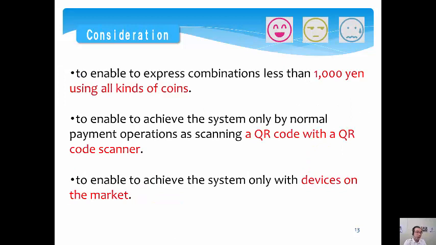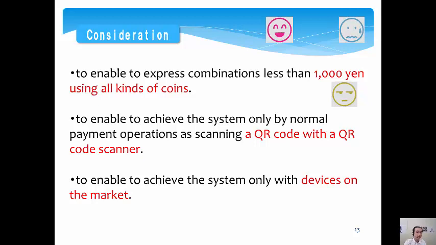And this is the consideration of our research. First one is to enable expressing combinations less than 10,000 yen using all kinds of coins. However, as a result of the previous slide, sometimes different coins overlap so that people cannot recognize the whole amount. So this first one is not a good evaluation.